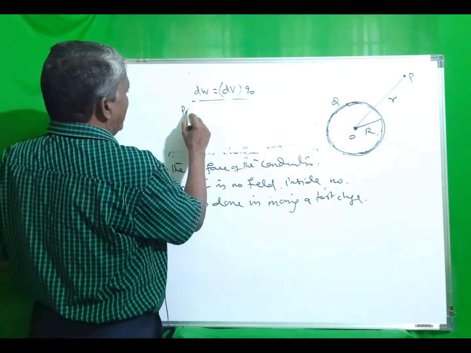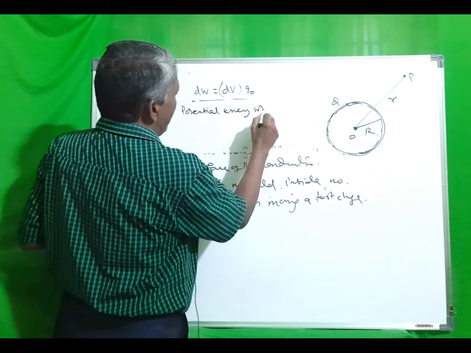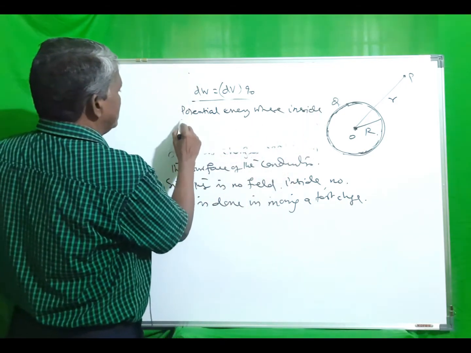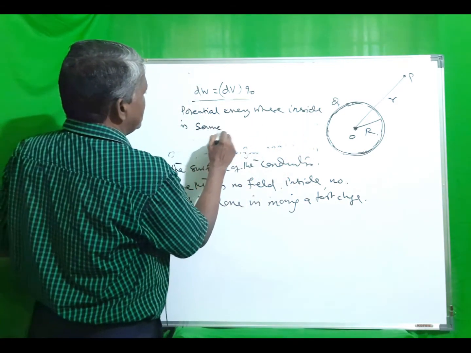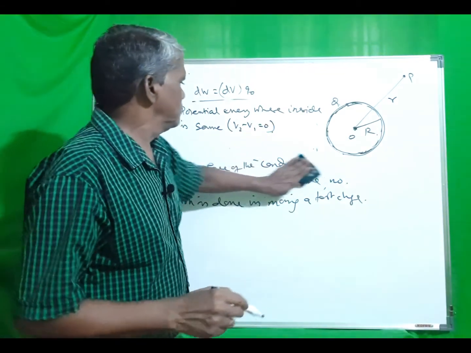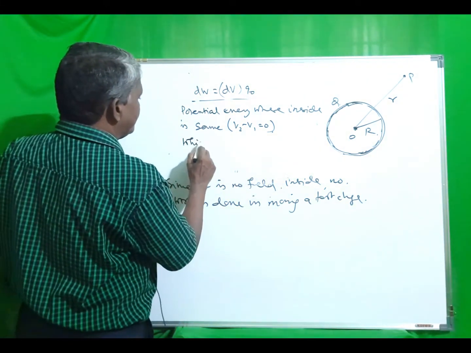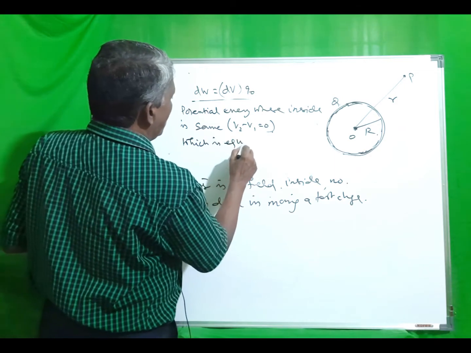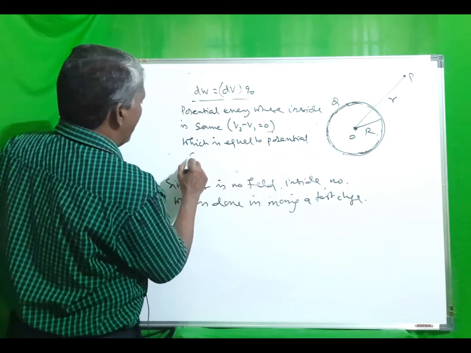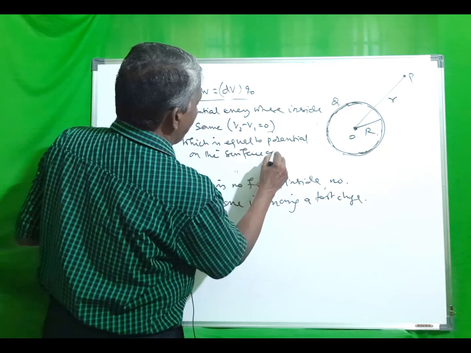So potential everywhere inside is the same, which is equal to the potential on the surface of the shell.